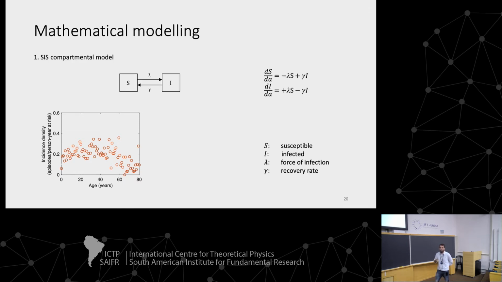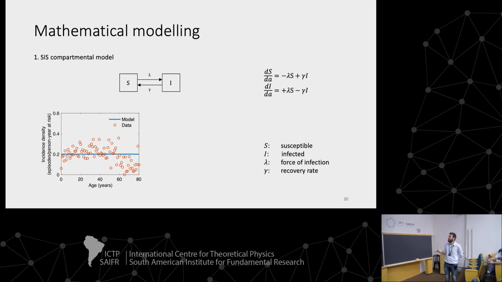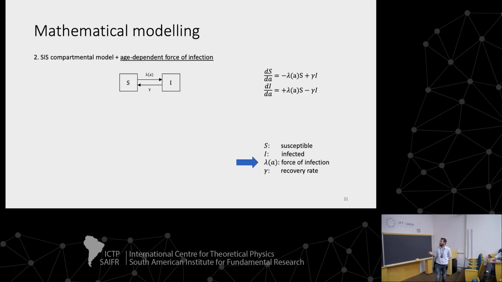We start with the most simple model, SIS, and then with this kind of model, of course, we cannot fit this data set. So then we introduced an age-dependent force of infection and partial immunity acquisition to try to describe this.